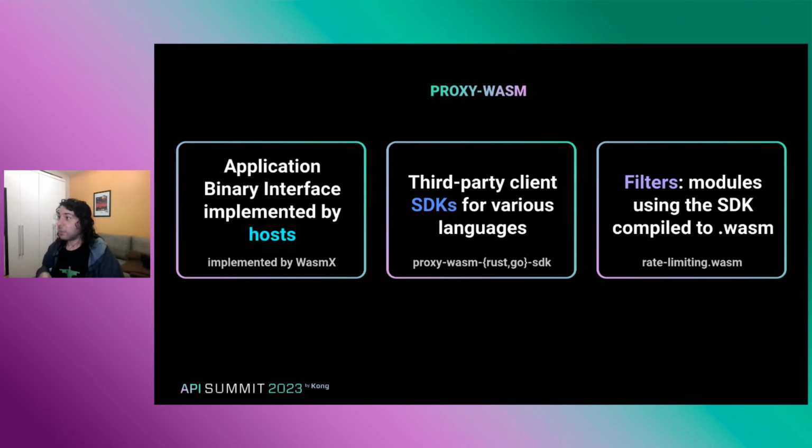So for that, you need SDKs in various languages. There are a few languages that already have proxy-wasm SDKs available. And at Kong, for this beta cycle, we have done extensive testing with the proxy-wasm Rust SDK and the proxy-wasm Go SDK. So these are the ones that we recommend at this point in time.